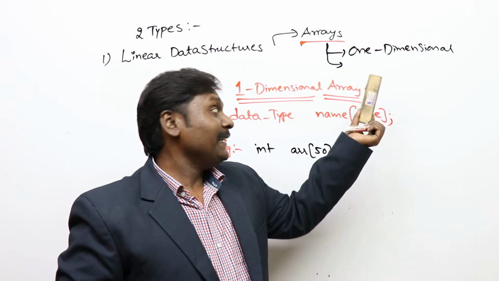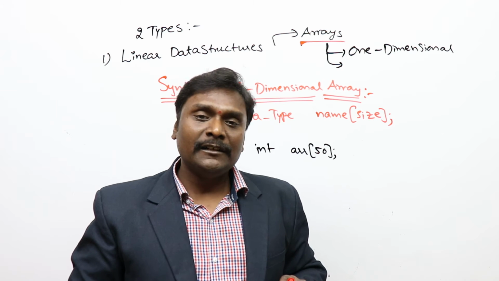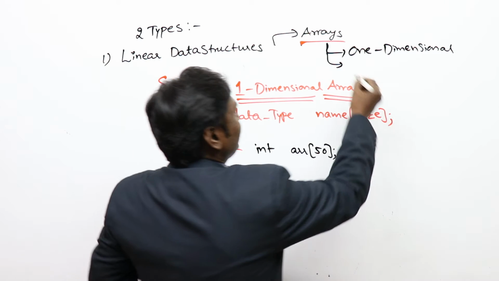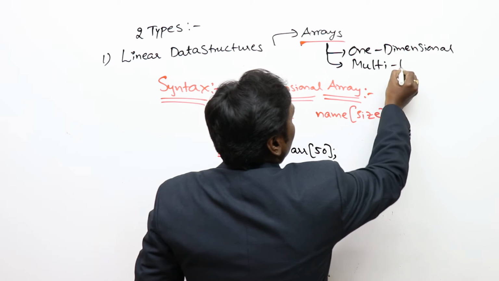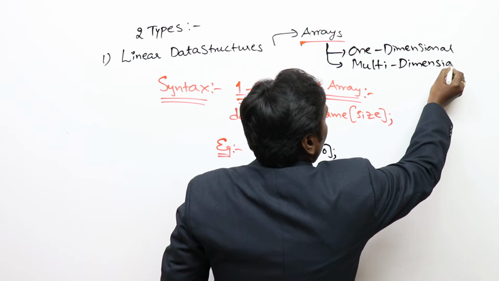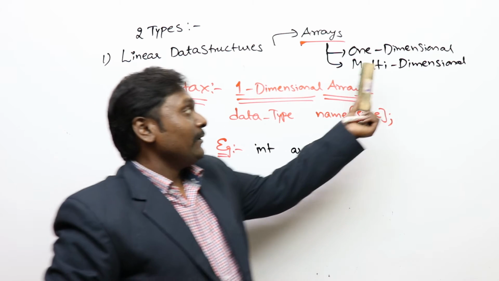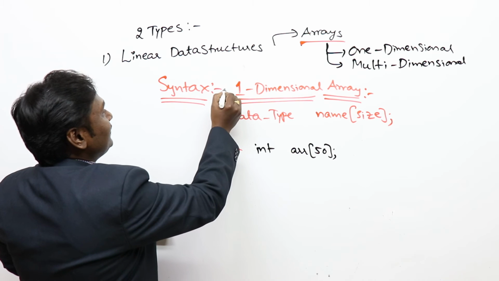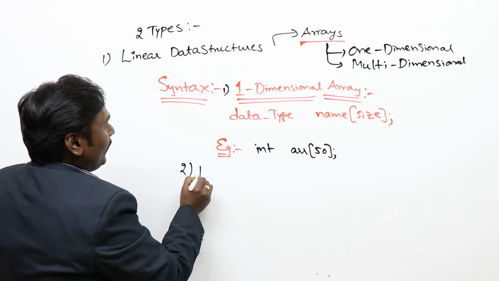It may be two dimensional, three dimensional or n dimensional. That's why I am saying multi-dimensional. Array types: first one is one dimensional, next one is multi-dimensional. Now coming to the syntax for one dimensional and multi-dimensional.